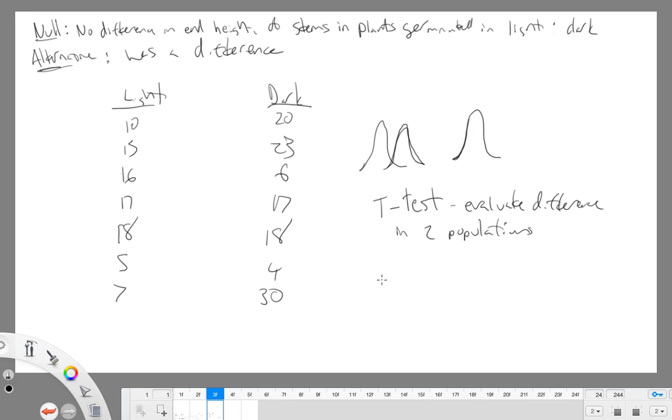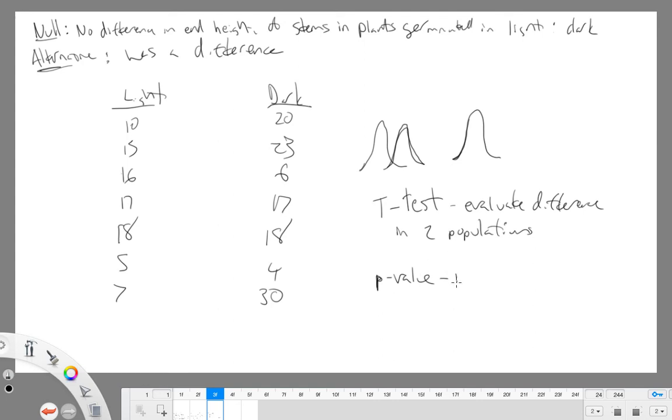So we perform this test, and we're not going to go over how to perform the test, we're just going to do it in Excel. But we will perform this test, and at the end result, we will get a test value, and then we will get a p-value. And that p-value is really important because, when we're talking about hypothesis testing, it's essentially the probability of getting this result if the null hypothesis was true.